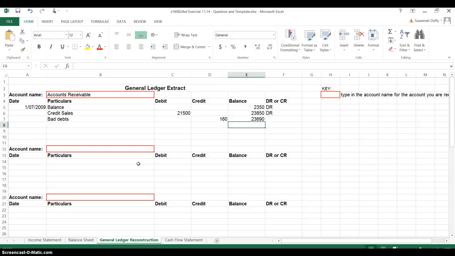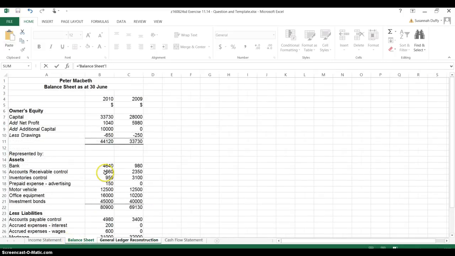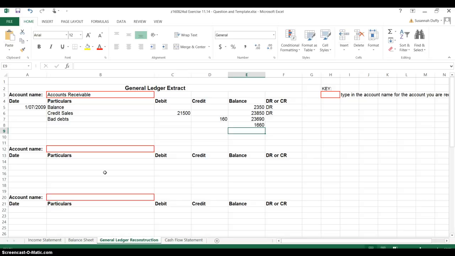Finally, we know our closing balance for the current year. So if you go to your balance sheet, pick up this accounts receivable figure, you know that that is $1,660. In order to get to that point, it's reduced from our last balance, 23,000, down to 1,600.